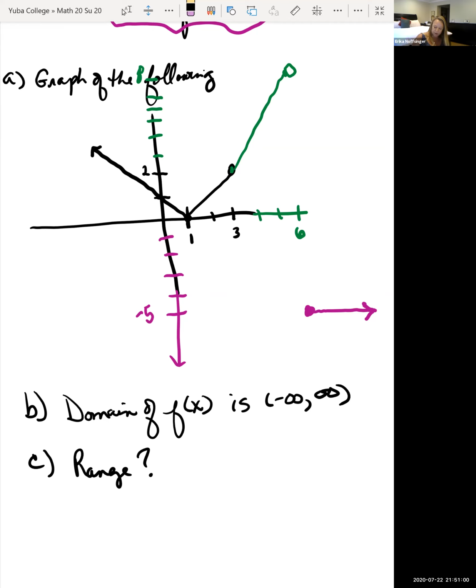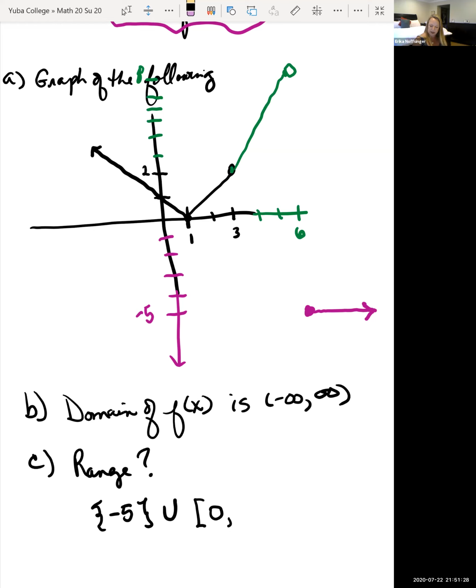And so one piece, we have a y value that's -5, union. Well, I don't have any y values between my graph of -5 and 0. I do have a point when y is 0, so I'm going to start at 0. I'm going to include it, so I'm going to put that bracket there, comma, and then I'm looking at all the other y values I'm hitting on my graph.